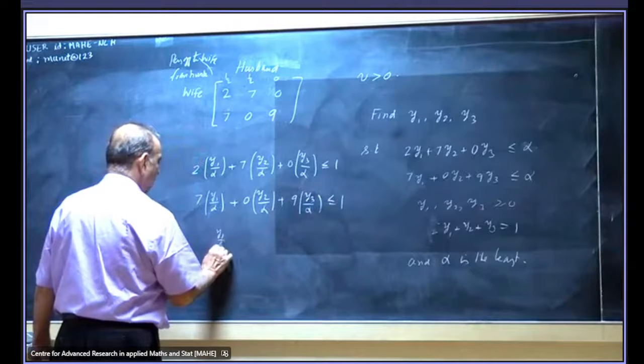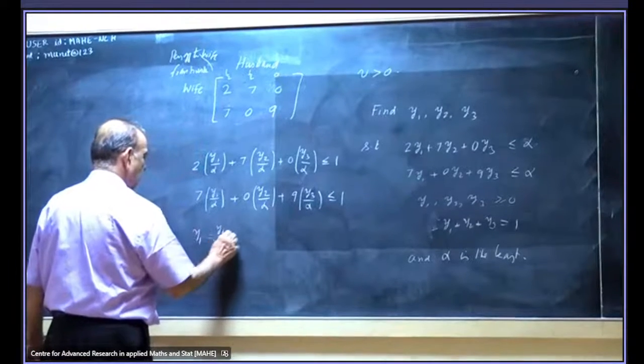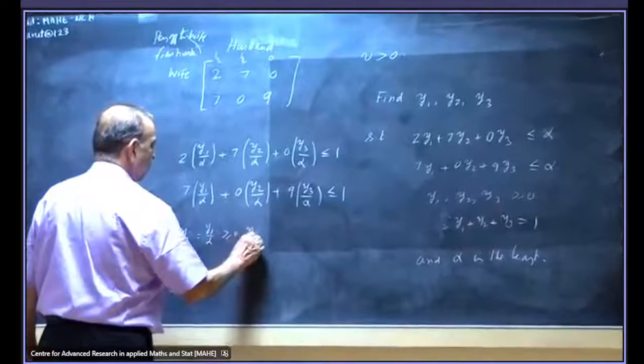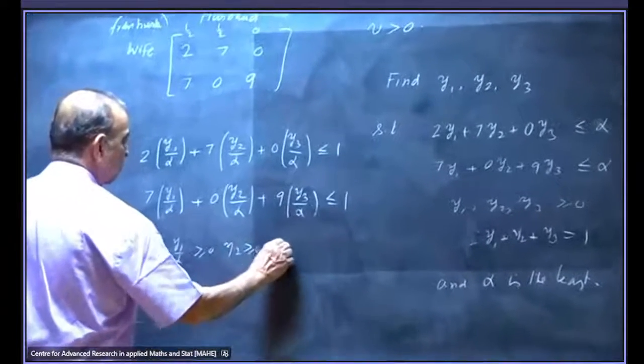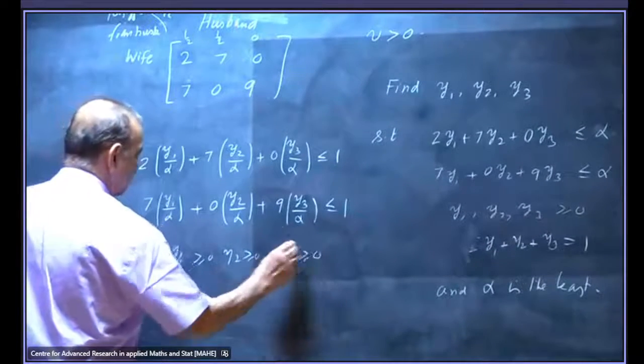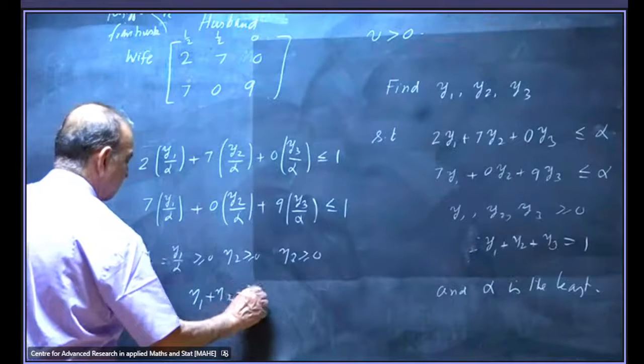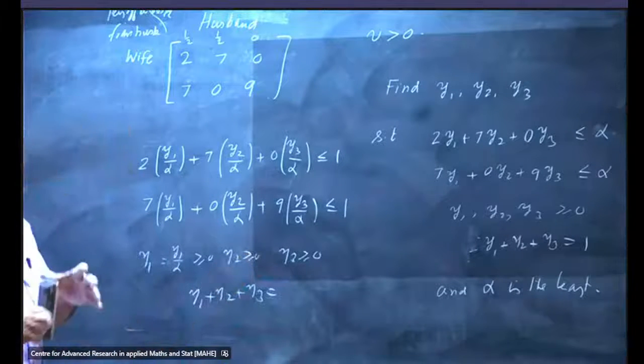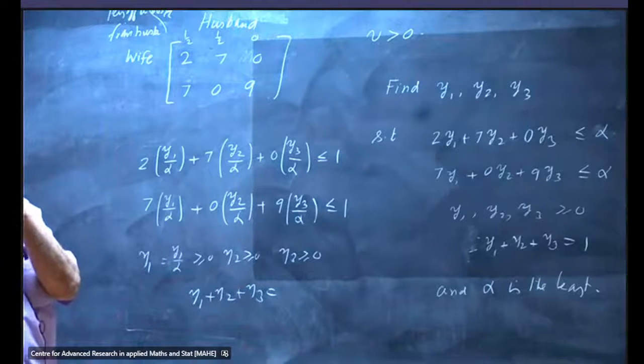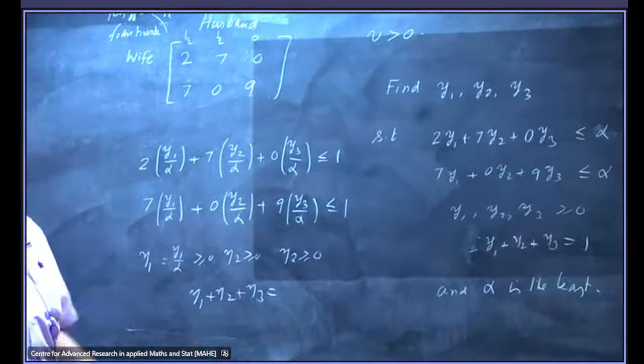And y1 over alpha, call it theta 1 greater than or equal to 0, theta 2 greater than or equal to 0, theta 3 greater than or equal to 0. What is theta 1 plus theta 2 plus theta 3? How much is that?